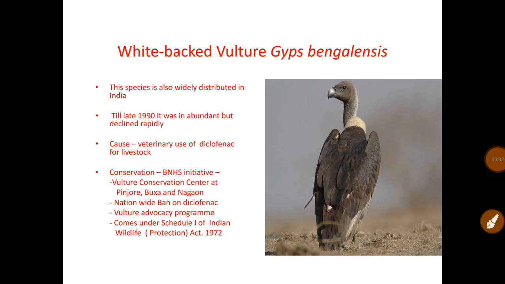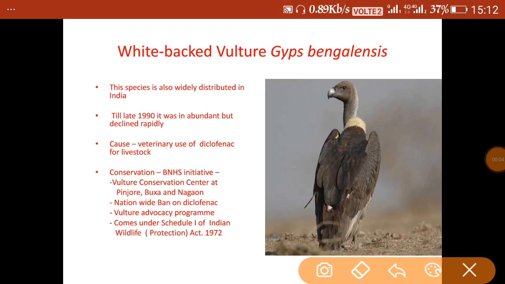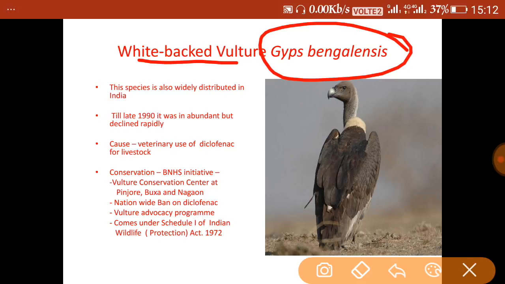And this is our white-backed vulture Gyps bengalensis. It was widely distributed in India till the late 90s. It was abundant but declined rapidly. The cause is veterinary use of diclofenac for livestock.